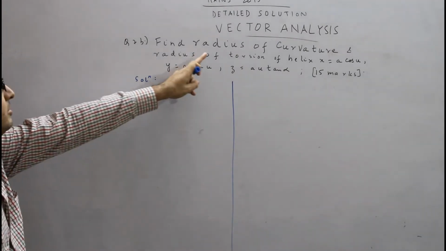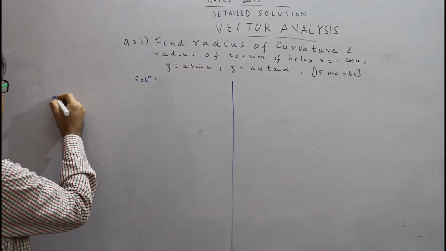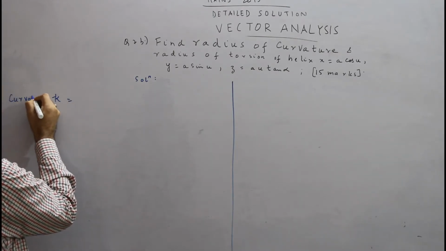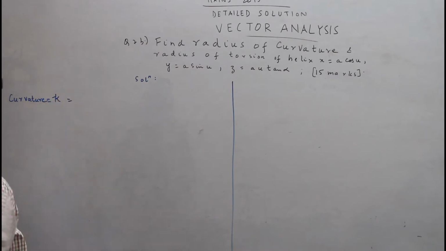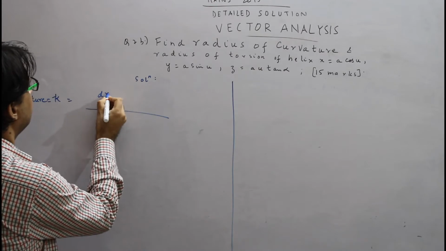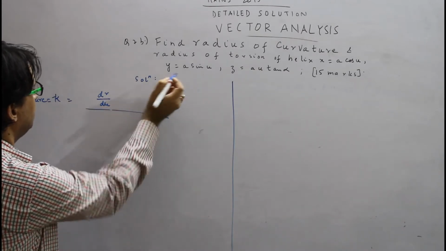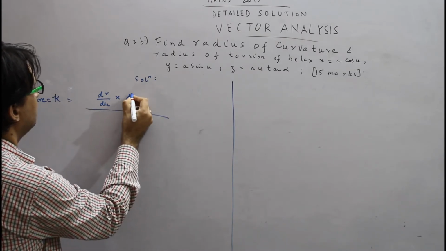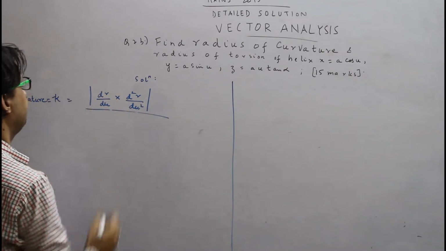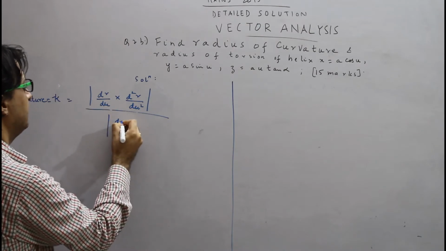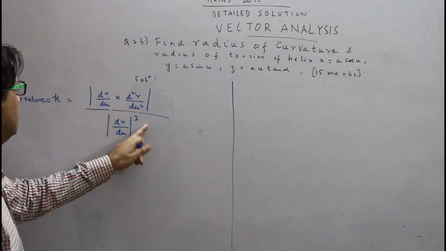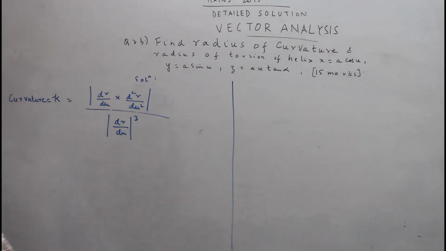First of all, I am going to write the formula for curvature. This is our dr by du cross d square r by du square, and here you have to write the mod of dr by du whole to the power 3. This is the direct formula.